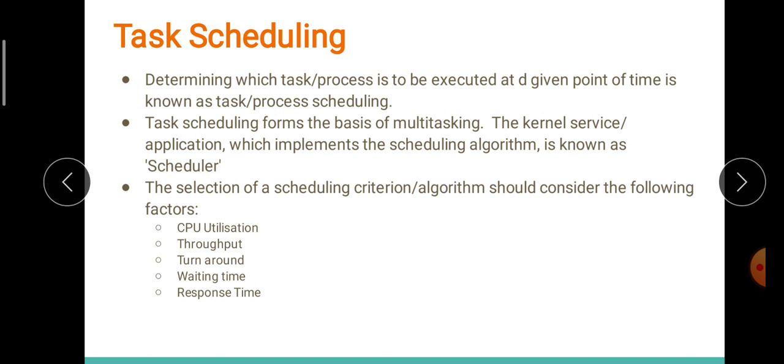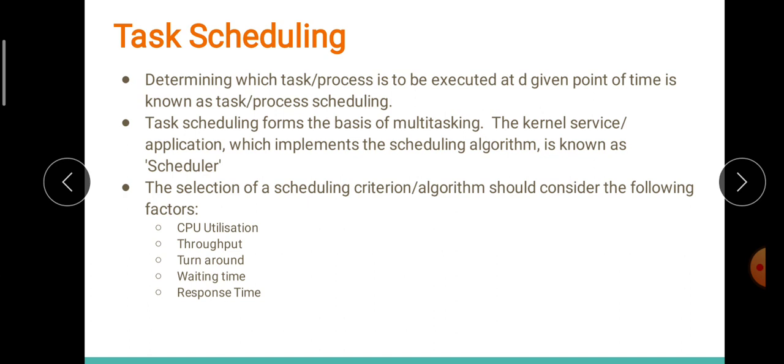And again, what must be the ideal value for this? For a good scheduling algorithm, the response time must be very small, which means the instant I give my process for execution, I must get an output response. So the delay must be minimum.